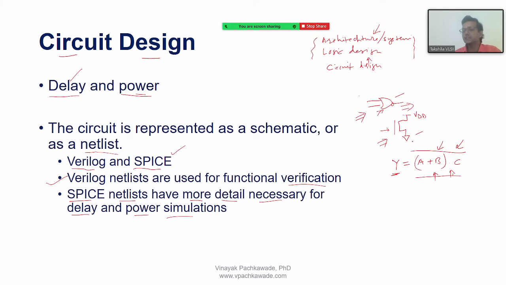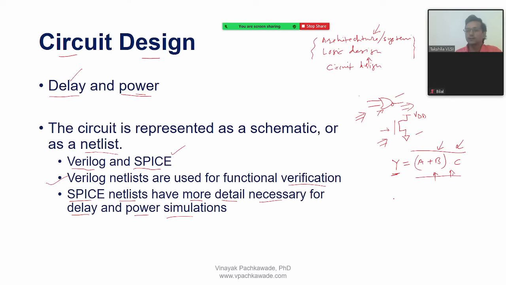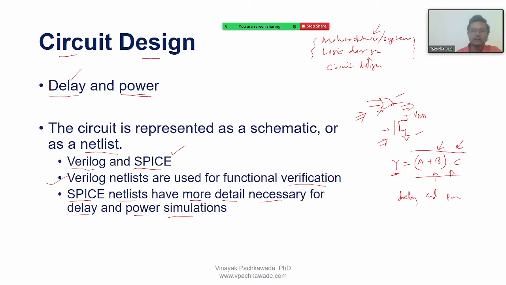So SPICE comes in there, which has a little more detail that allows the designer to describe the physics of the transistors at the transistor level, and with that the designer is able to estimate two parameters, which are delay and power. Okay, so we'll see how.